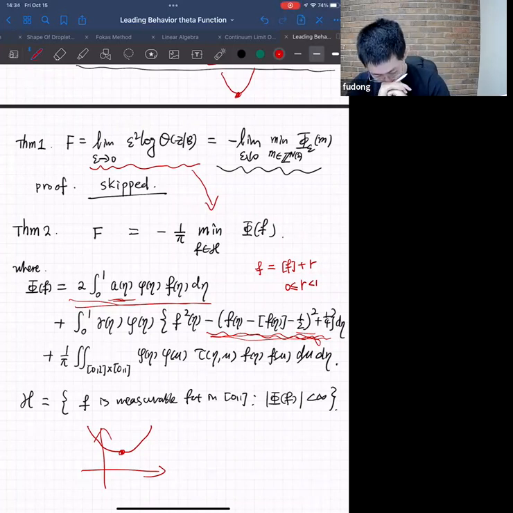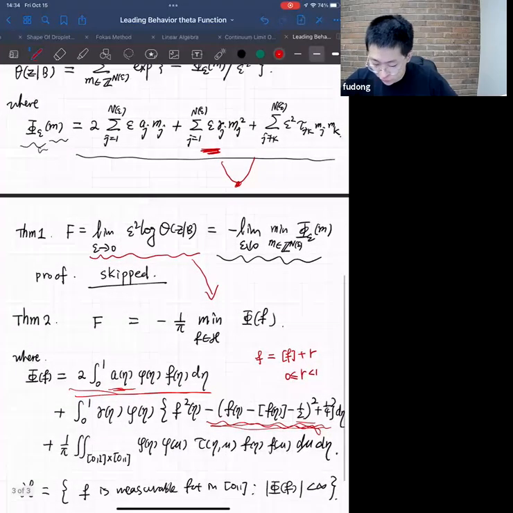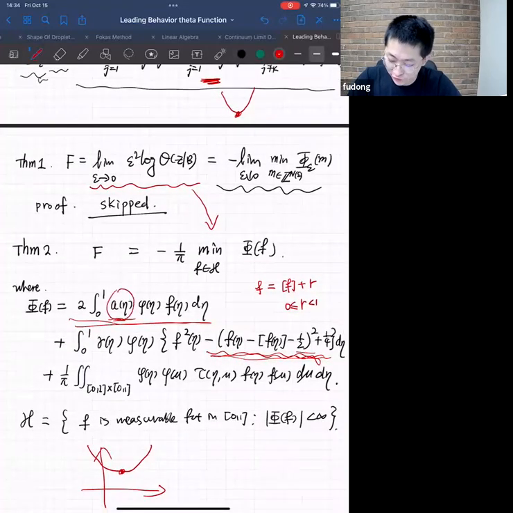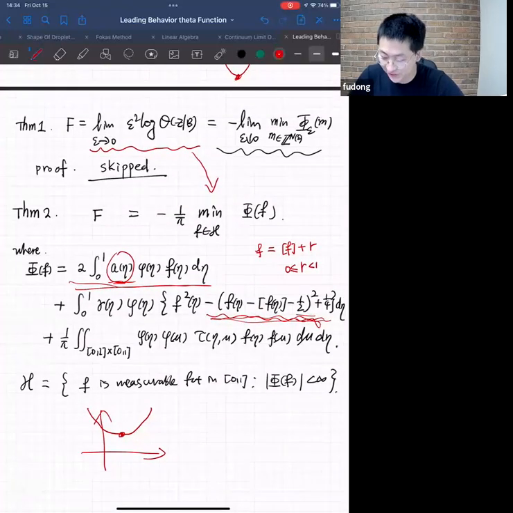Why? Let me think. So the curly braces tell you that f equal to 0 is not necessarily... Oh, no. Oh, okay. I almost forgot. A is any arbitrary function. It could be negative. So you don't know. It's not positive. Okay. Yeah, suddenly I forgot that.